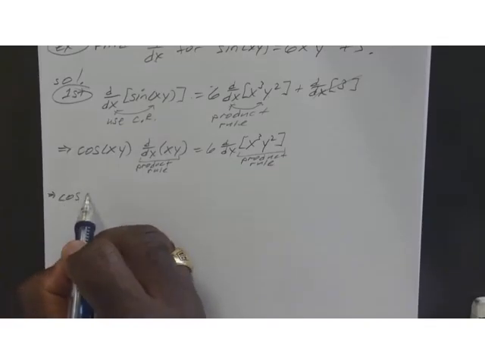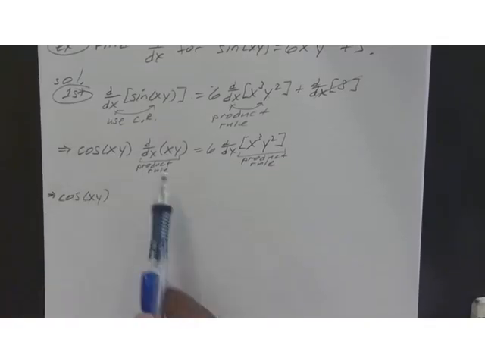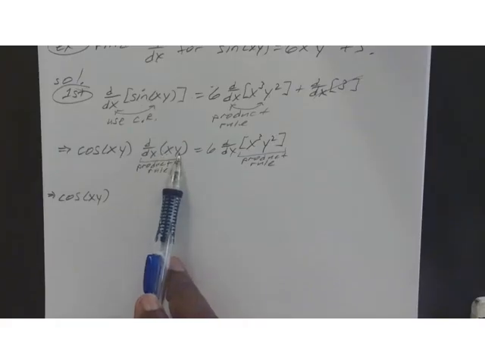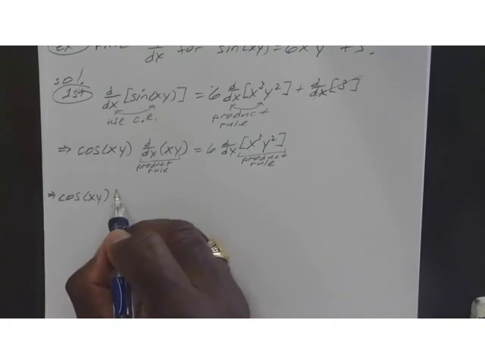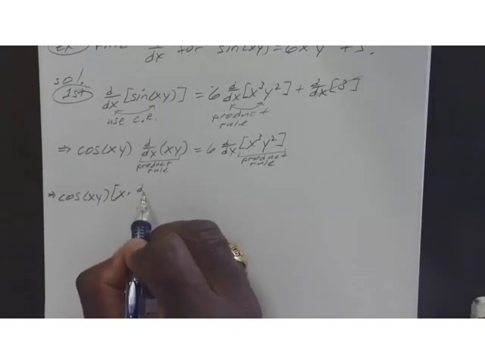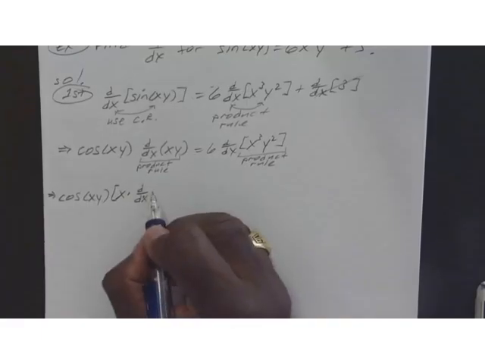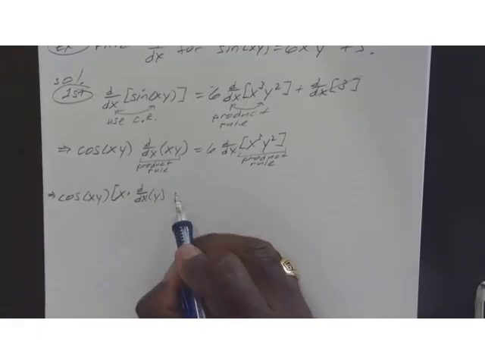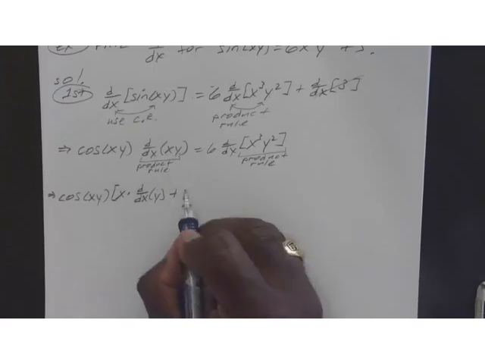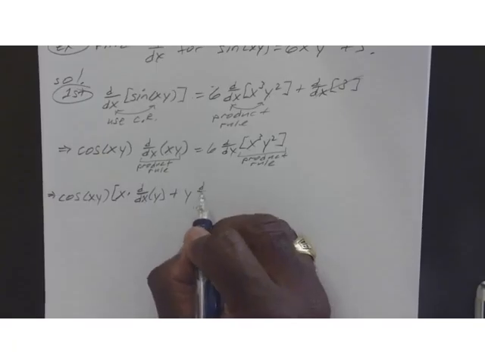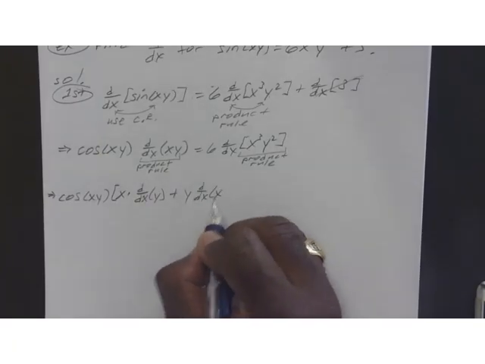Okay, so we have cosine of x times y. And using the product rule, you have the first function times the derivative of the second. So x times the derivative with respect to x of y, plus the second function, which is y, times the derivative with respect to x of x.